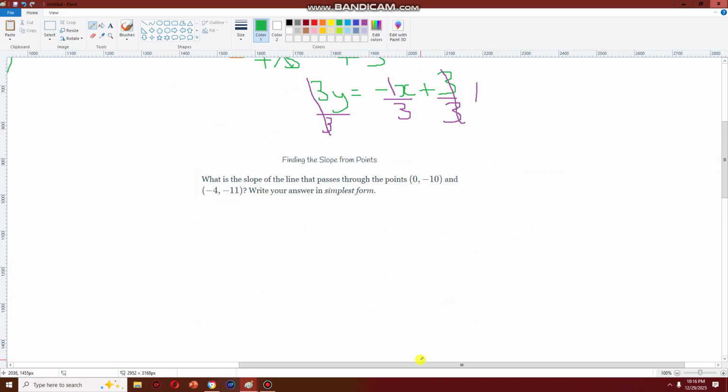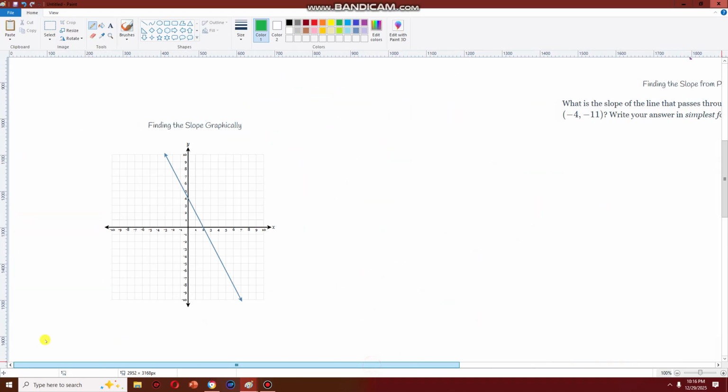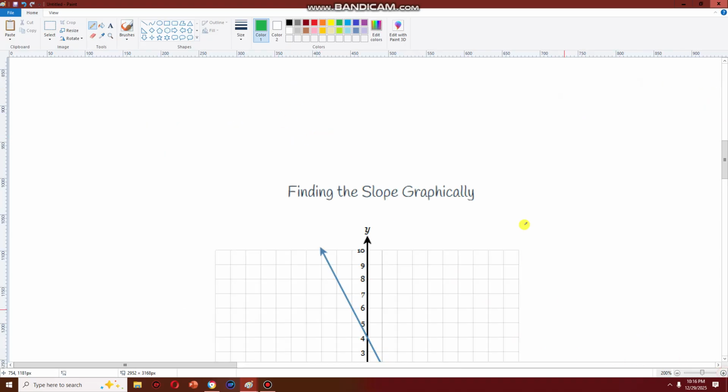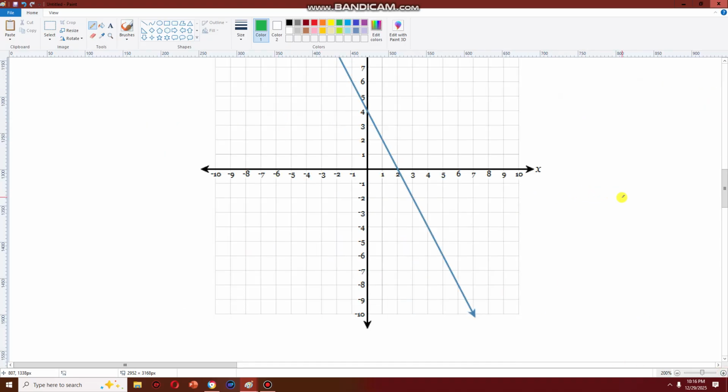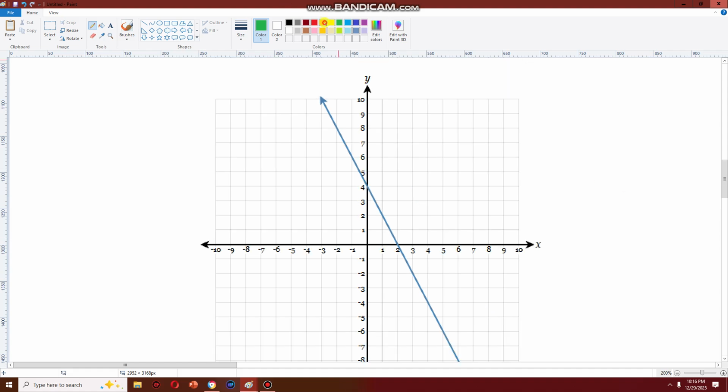Let's try another one. I'll come to that a little later. Let's go straight to this one. How do you find the slope graphically? I'm going to zoom in on this one. Take a look at this graph. I want to find the slope. In other words, what's my m equal to? So, let's see. I'm going to start from right here.